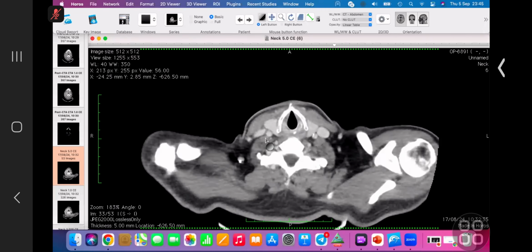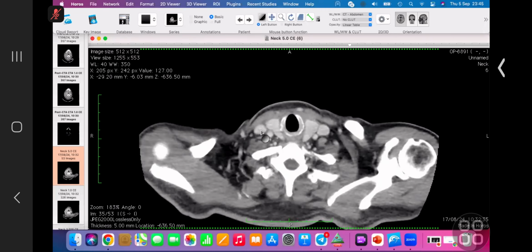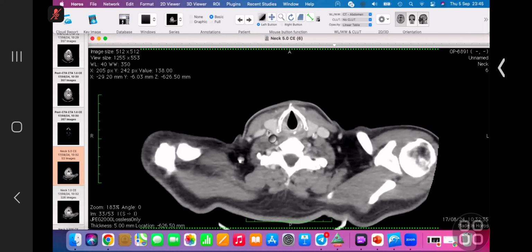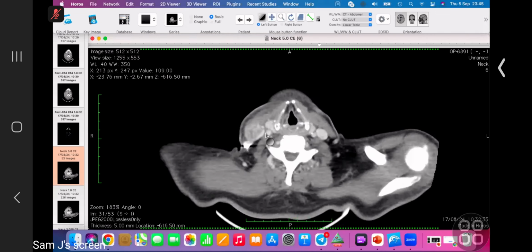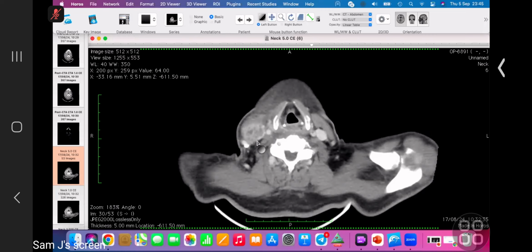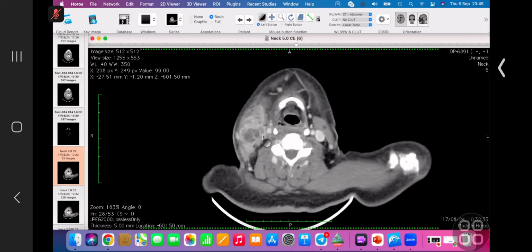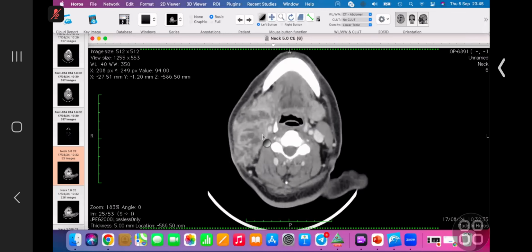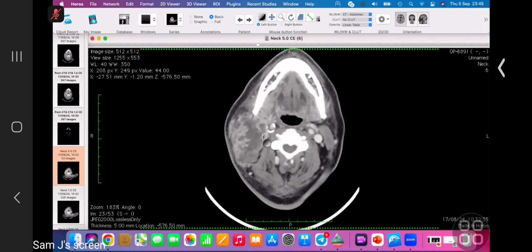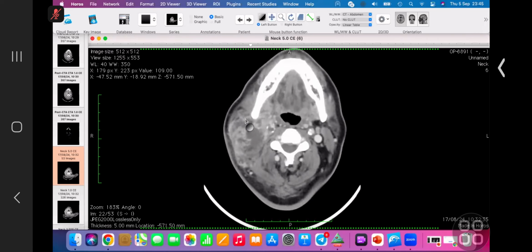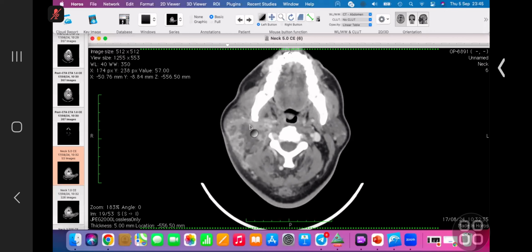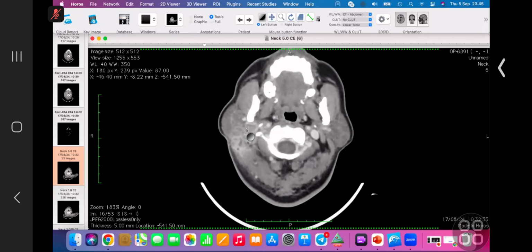It's nicely formed here, and then as I keep scrolling up, it is completely infiltrated, involved intraluminally, and you get to see this large abscess cavity with central necrosis or pus.